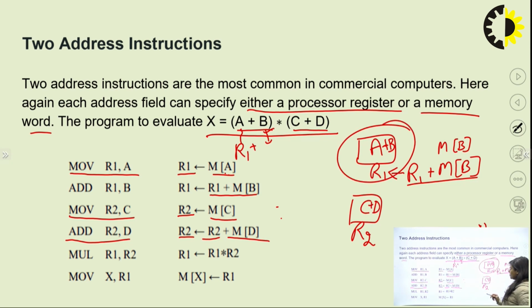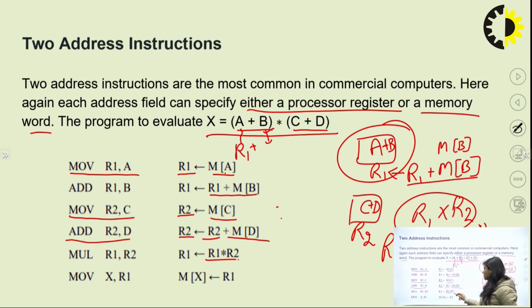So what are we going to do? We multiply the content of R1 with the content of R2, and again, since we don't want too many locations, we put the result into R1. So the multiplication of R1 and R2 is stored into R1.